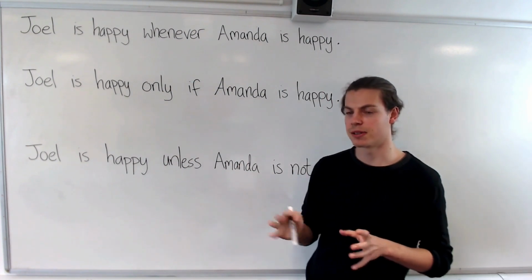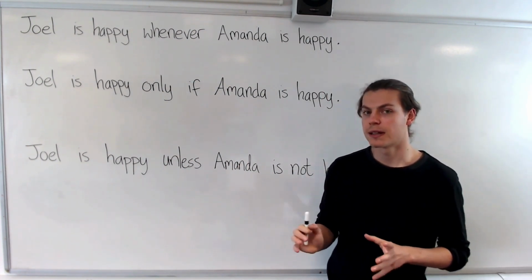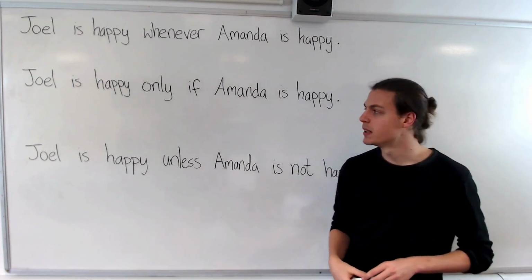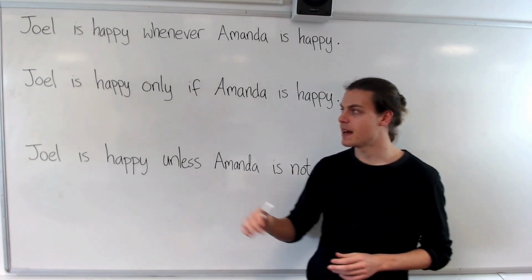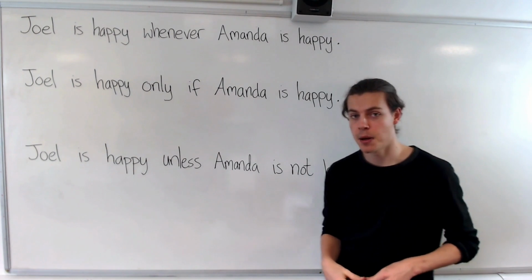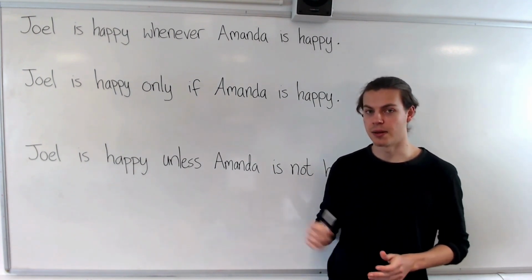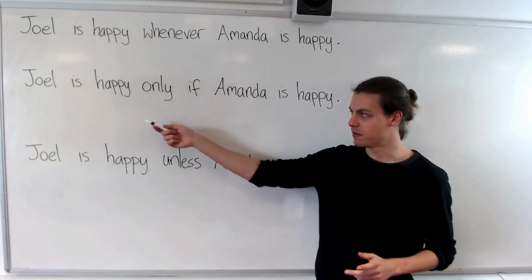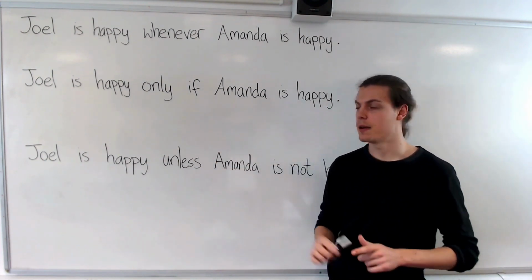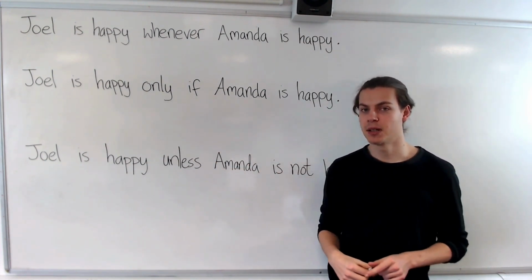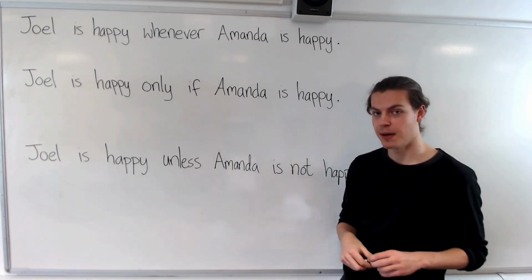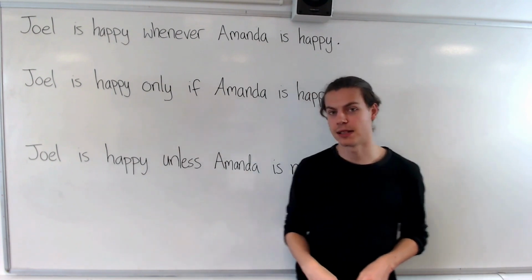The only possible time that Joel is happy is when Amanda is happy. So certainly, if Joel is happy, then we can conclude that Amanda must be happy, right? If Joel is happy, then Amanda is happy. Or equivalently, if Amanda is not happy, then Joel is not happy.